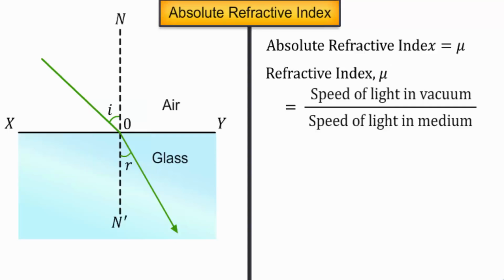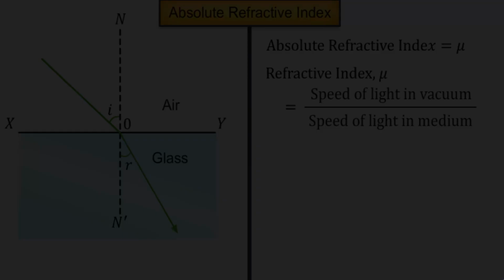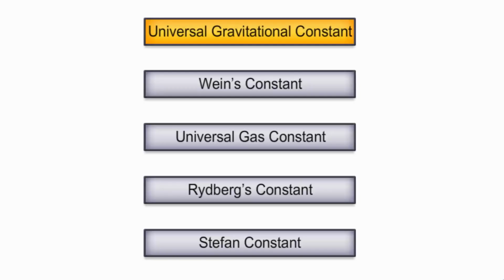Refractive index of a given medium is constant and does not have any dimensional formula. You will learn about refractive index in detail later in the course. We also have certain physical constants, each of which has a unit as well as a dimensional formula.